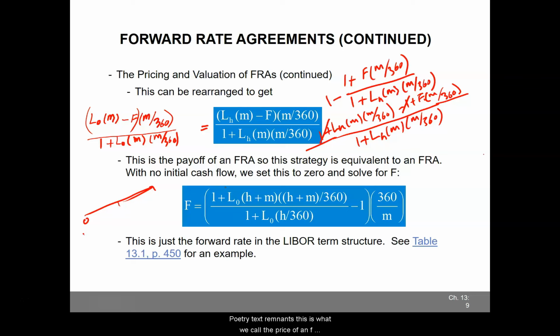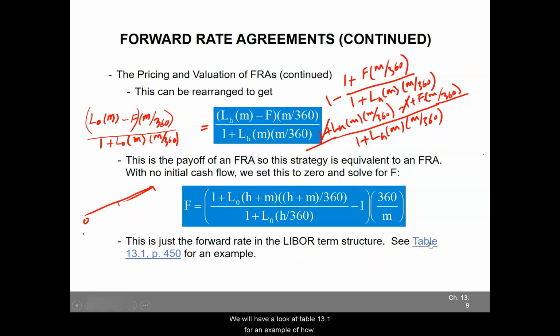This is what we call the price of an FRA. So the fixed rate that we get from this formula here is what we call the price of the FRA. Effectively, this is the forward rate from the LIBOR term structure, and we have used the short-term H and the long-term H plus M interest rate to bootstrap the forward rate for M days, H days from now.